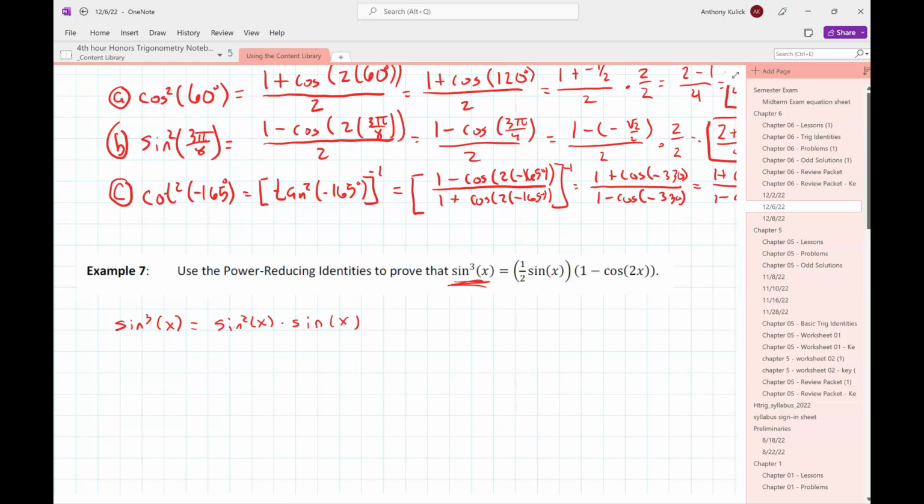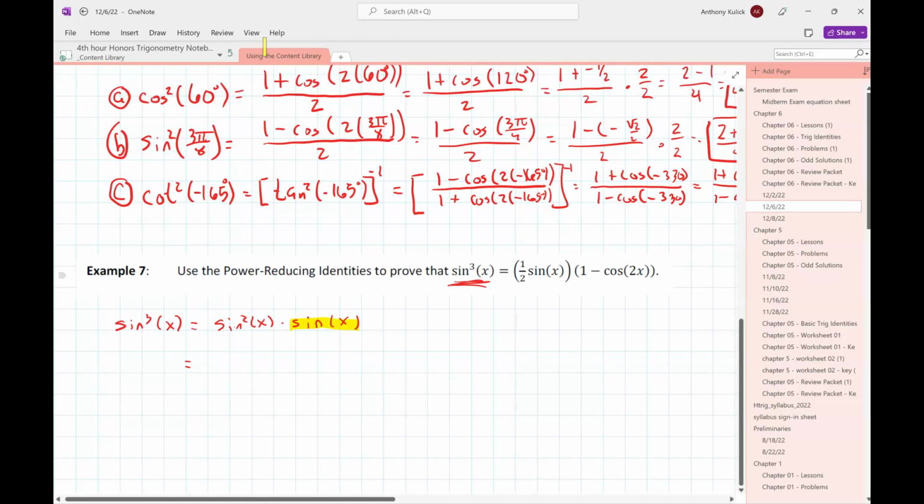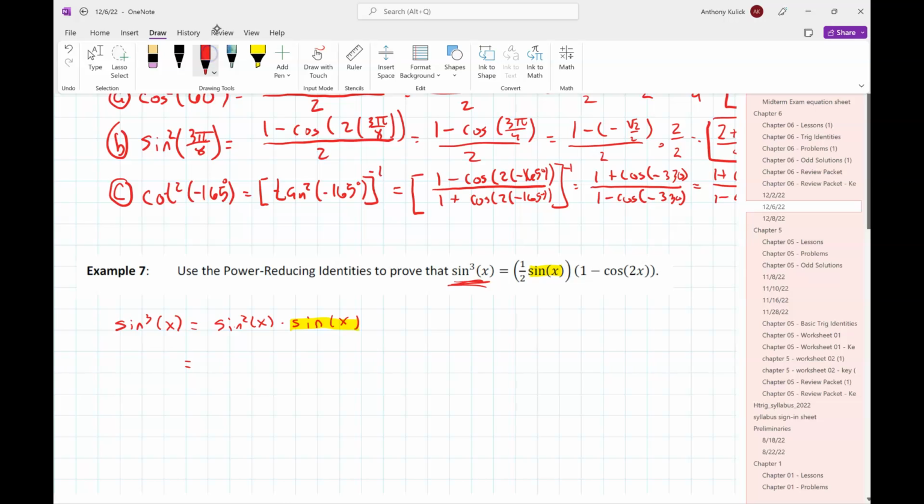Cool with that? Which is awesome because now I have a factor of sine, which I'm supposed to have in my answer anyways. So everything else that has to happen is just going to happen to that sine squared.